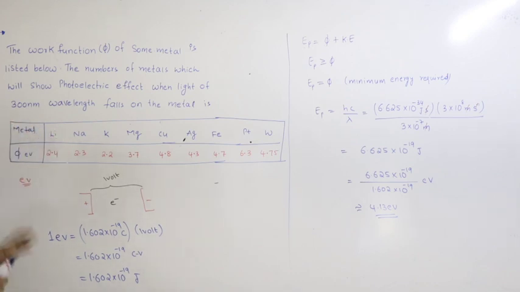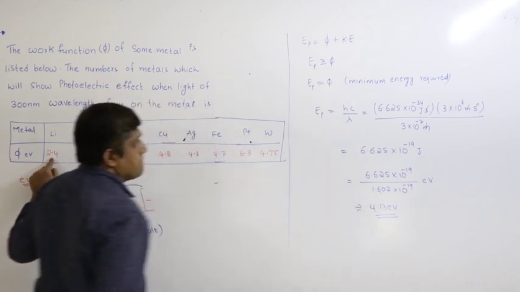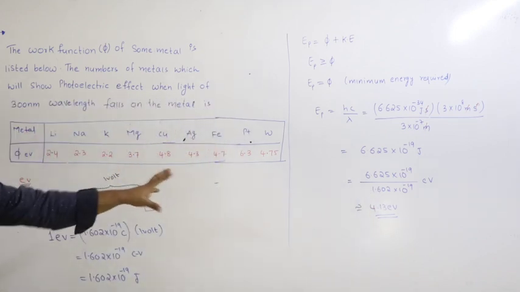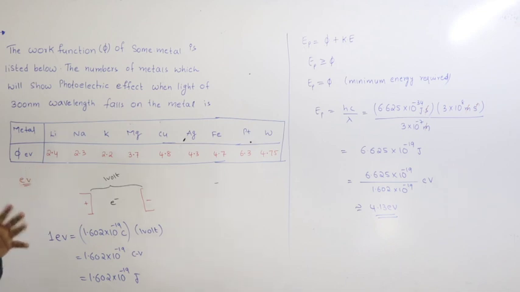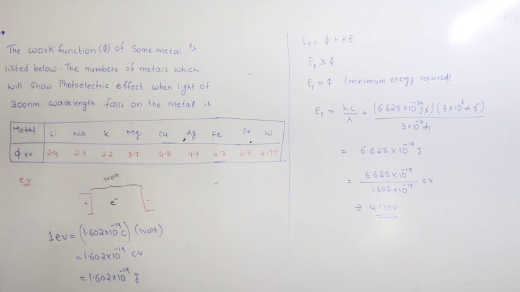So if I take lithium, what is the minimum energy for lithium? 2.4. What is the energy of the photon associated? 4.13. So this photon possesses 4.13. The minimum energy required for lithium is 2.4, which is less than 4.13.